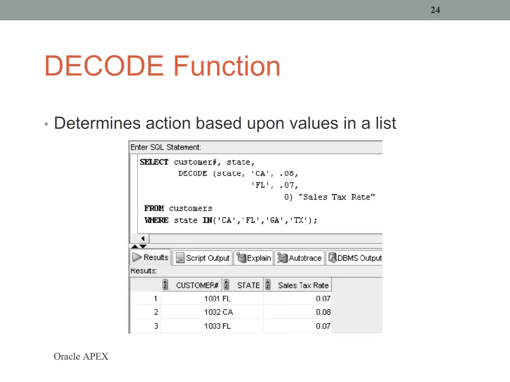Notice here the examples again point to the opportunity to use this with financials. Here, the tax or sales tax rate is really the financial that we're going after with this DECODE.